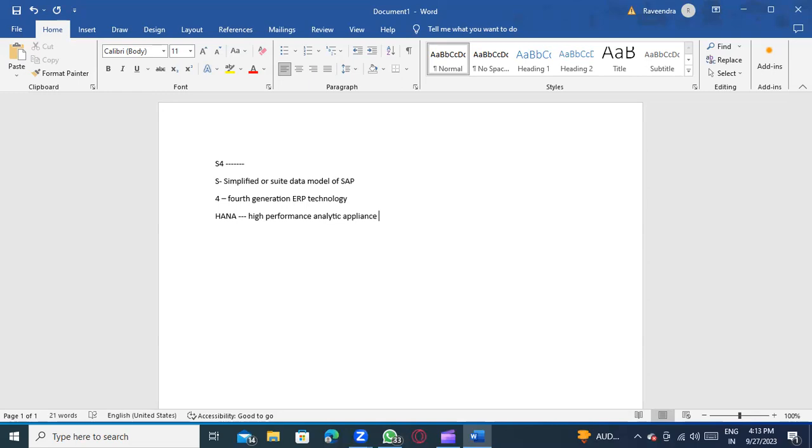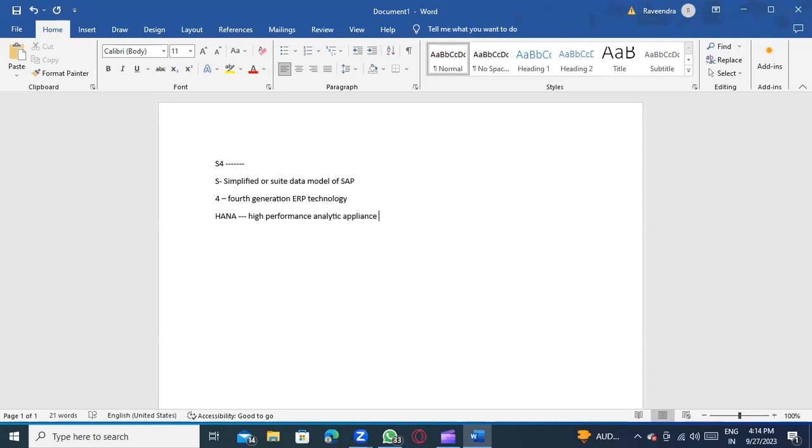But in the S4 HANA database, it includes both. It is running transactional workloads, like the regular user transactions we are doing, and other than that, analytical reports and analytical workloads as well. So it is easy to run analytical workloads also. At that time we can run both transactional and analytical workloads at the same time. Why do we suggest this to customers?